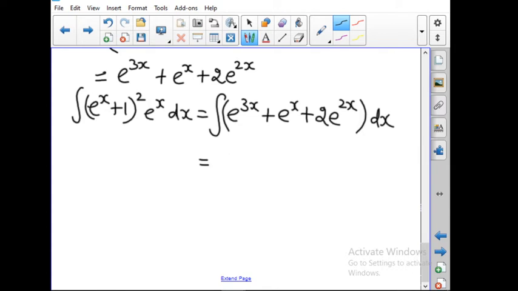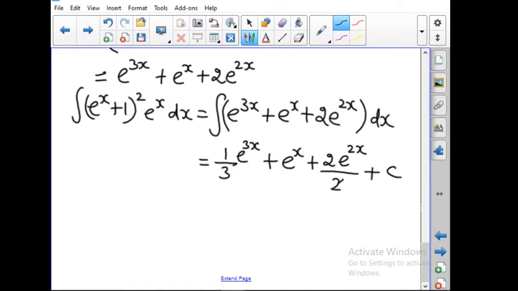Here we have the coefficient of x, so we divide: 1/3 e^(3x) plus, for e^x, the integration is e^x, plus 2 into e^(2x), where the coefficient of x is 2, so divide by 2. Now cancel 2 and 2. So your answer is e^(3x)/3 plus e^x plus e^(2x) plus c. So this is the answer for problem number 3.